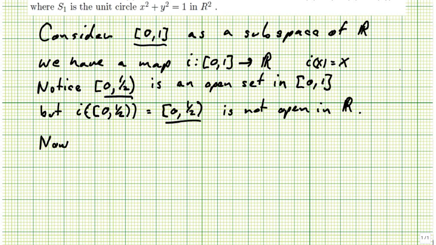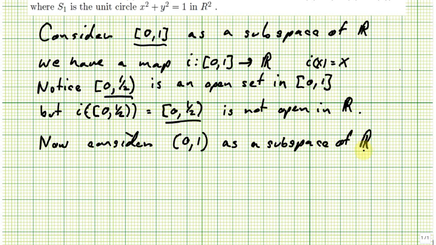And now consider 0, 1, the open interval, as a subspace of R. We still have a map I that maps 0, 1 into R, and it's essentially the identity map on those elements.